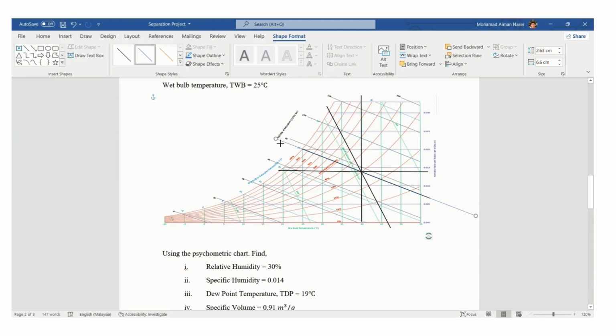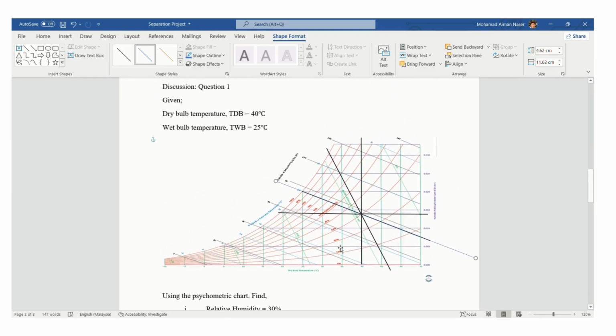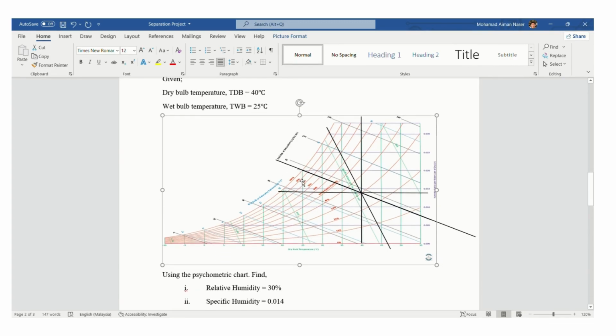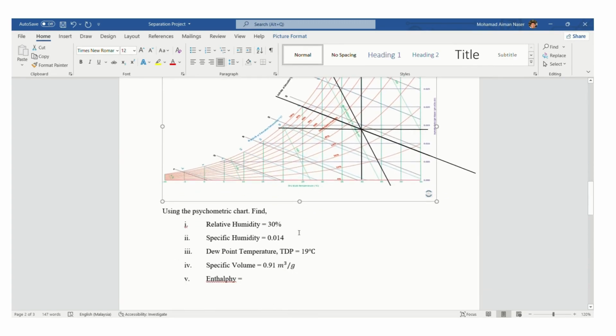Now the enthalpy line is on the wet bulb temperature line. So the enthalpy line is between 60 and 80. We assume that the line is at 0.75 or 0.71. We assume joule over gram.